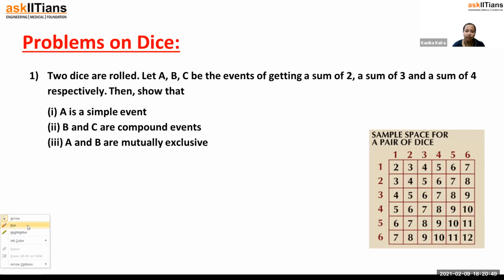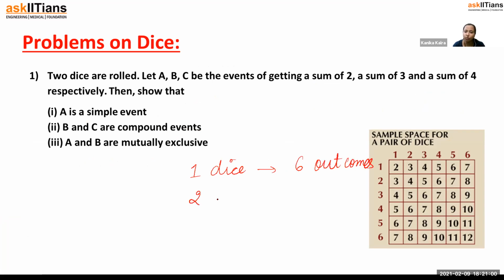When you have one single die, there are 6 outcomes: 1, 2, 3, 4, 5, 6. And if we talk about 2 dice, you have 2 raised to the power 6. No, sorry. This is not 2 raised to the power 6. The basic outcomes are 6.